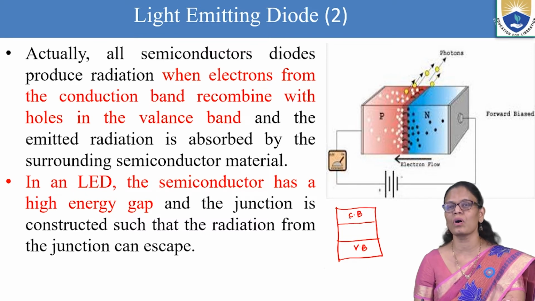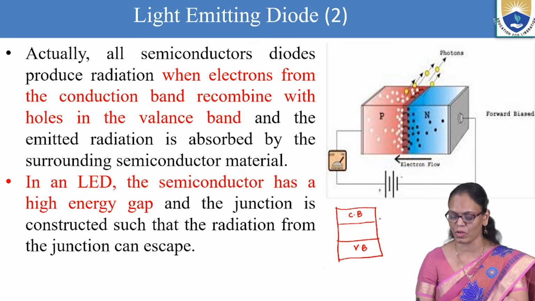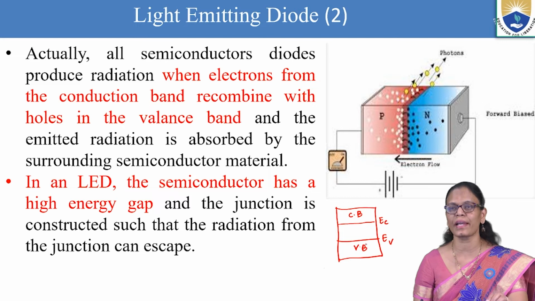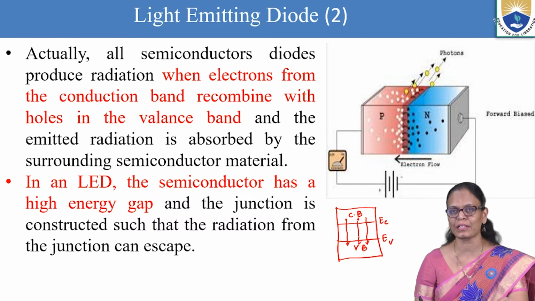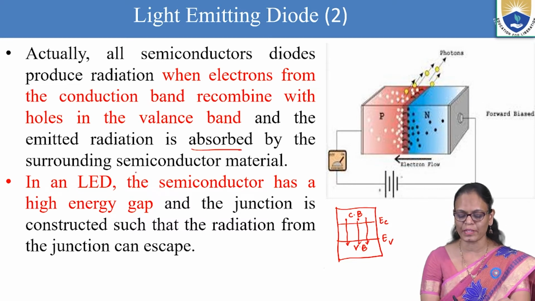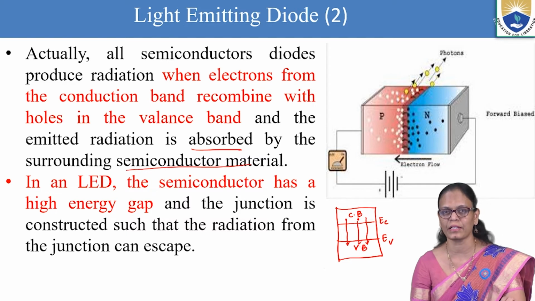The conduction band denotes the energies of all the conduction electrons, that is, the free electrons, and the valence band denotes the energies of all the valence electrons. Whenever an electron from the conduction band jumps into the valence band, the difference in energy is emitted, but it is absorbed by the surrounding semiconductor material.